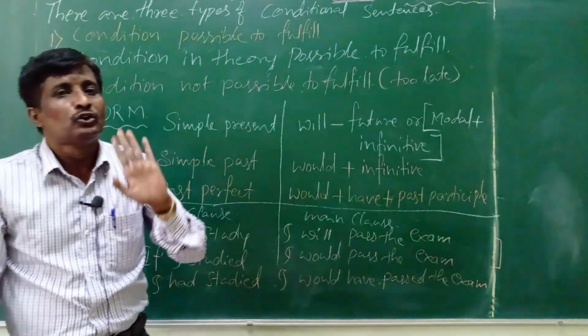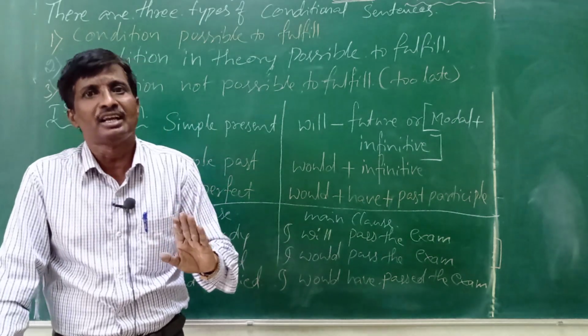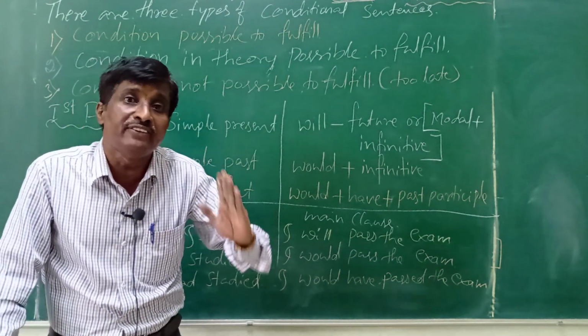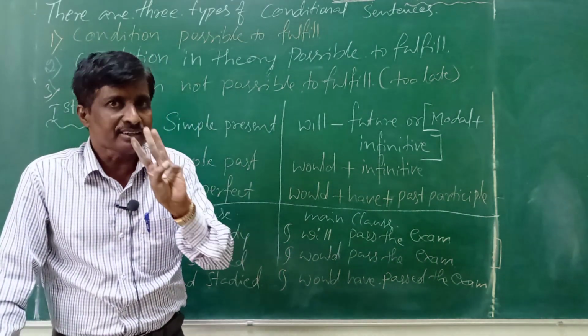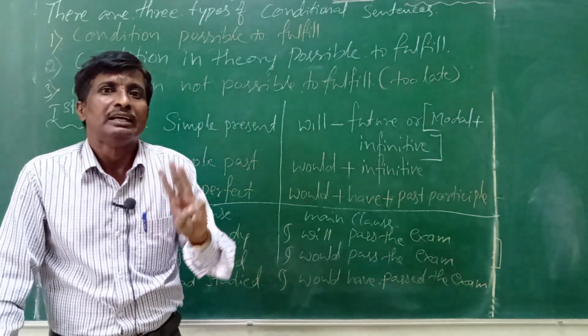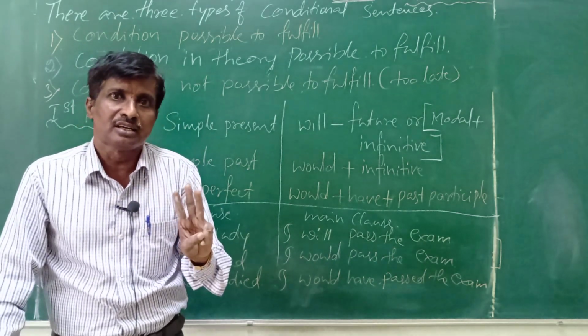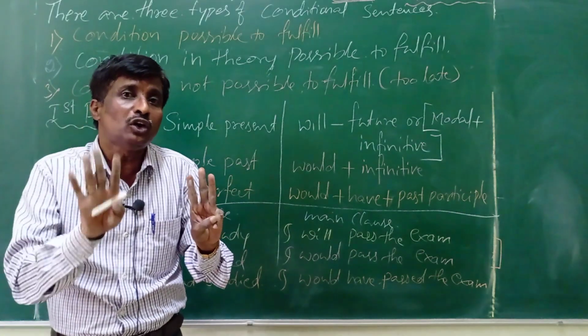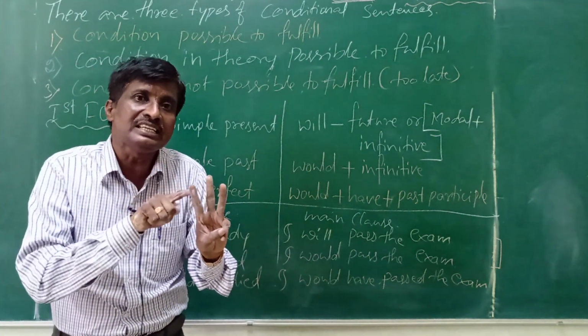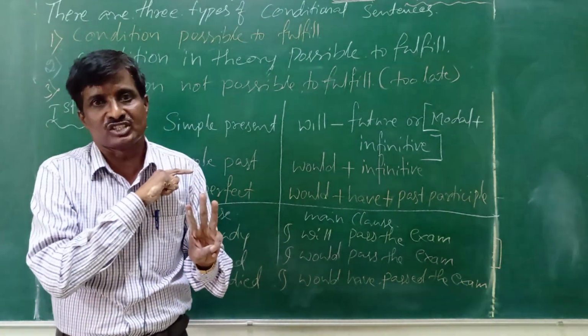There are three tenses, children, and in each of these three tenses we have four classifications.